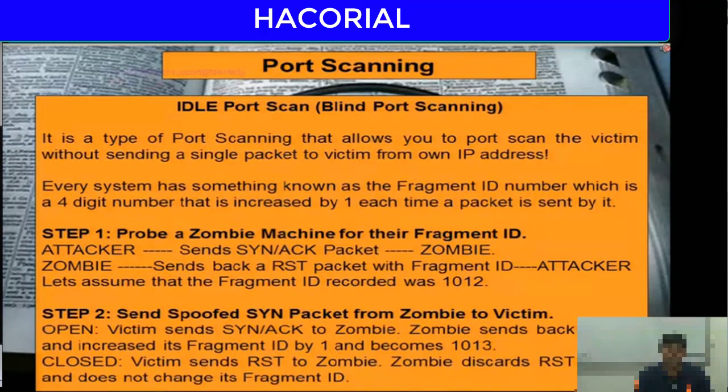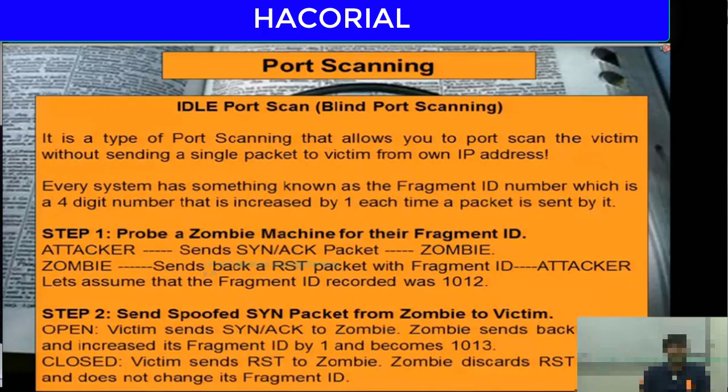To do this, step number 1 is that you probe a zombie machine for its fragment ID. A zombie is a third-party machine, maybe your friend's machine. So you find out the fragment ID of your friend's computer.